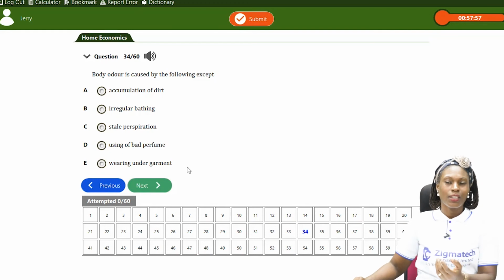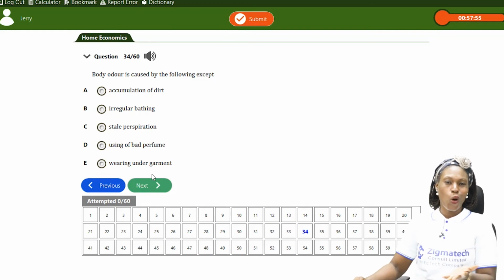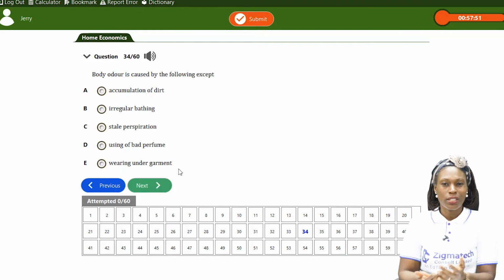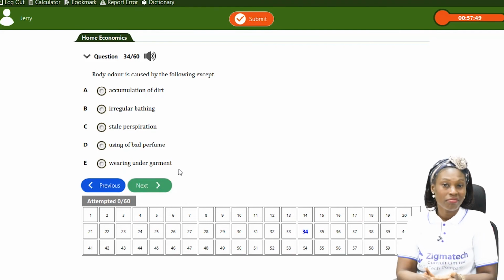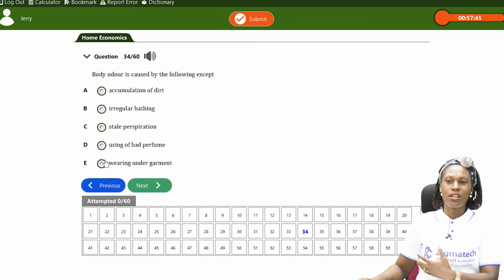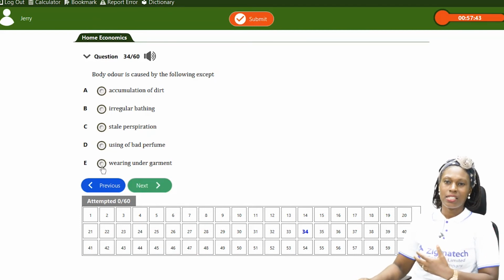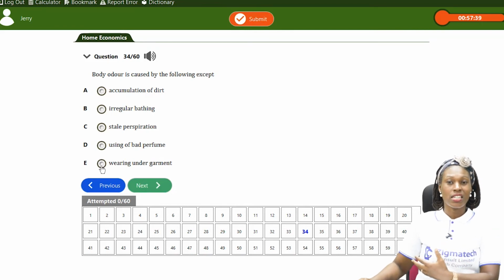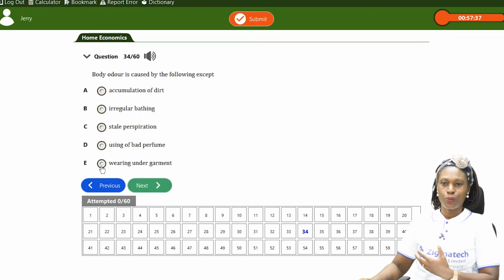Does wearing undergarments cause you to have body odor? Of course, no. So the answer to this question is wearing undergarments. It is not a factor to having body odor.